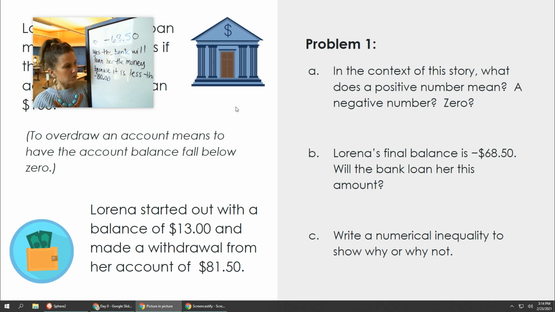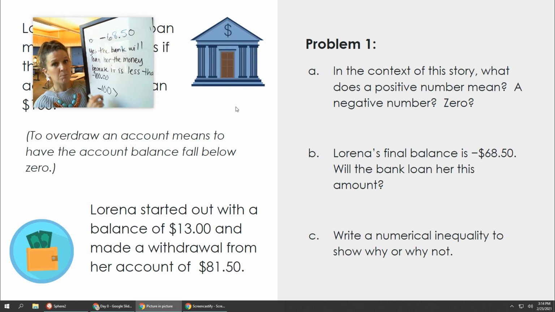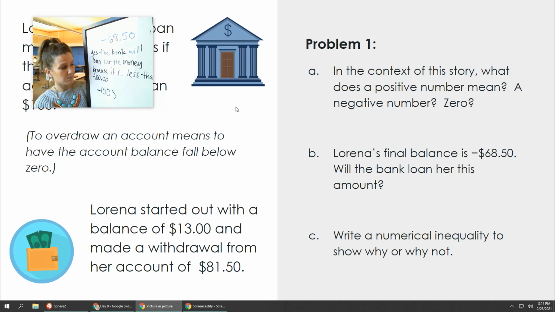So now let's just transfer that. Well, we know we can write in any order. I'm going to start with the negative 100. Negative 100 is a greater amount in this instance. It's more negative, and that's what they care about. We're not saying which number is bigger, because the story matters, the context matters.